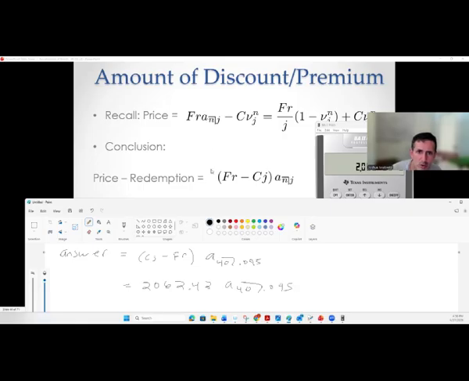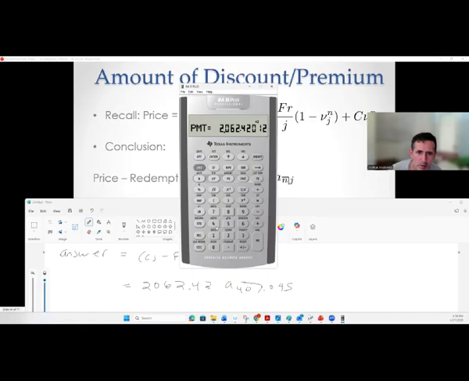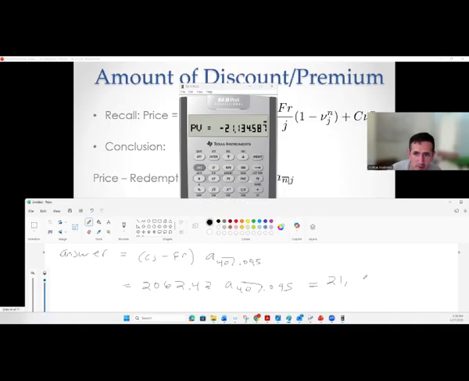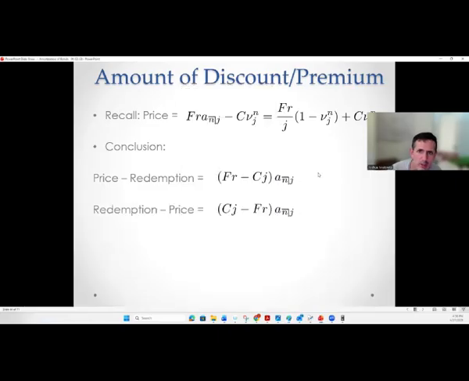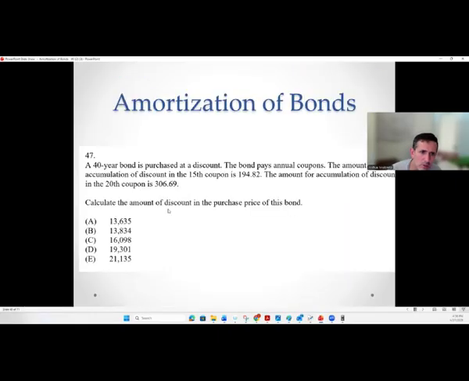All right, so this is payment 40, and we call 1 times 100. That's interest. Compute present value, 21,130. And lo and behold, that's the answer E, 21,135.